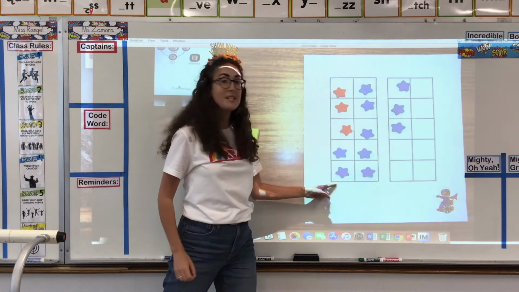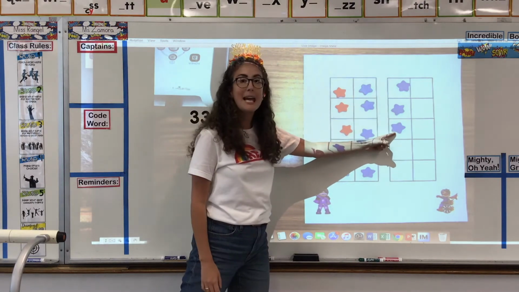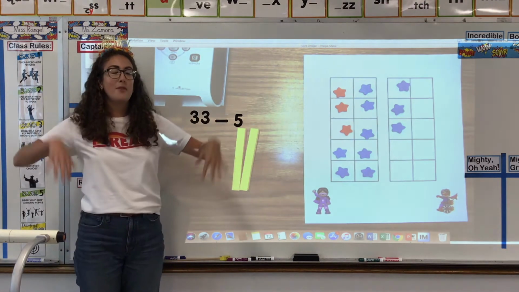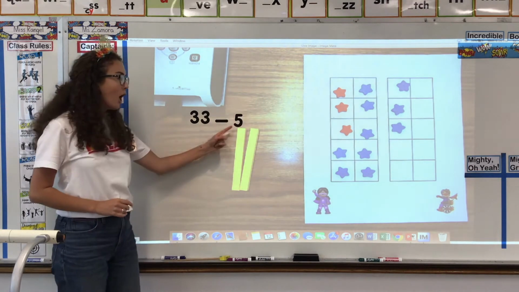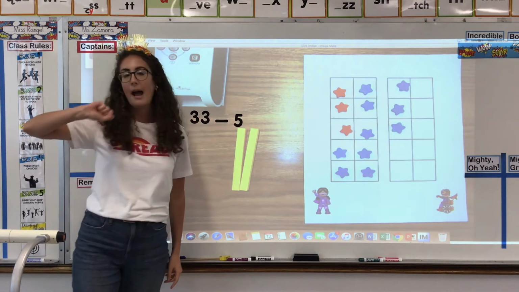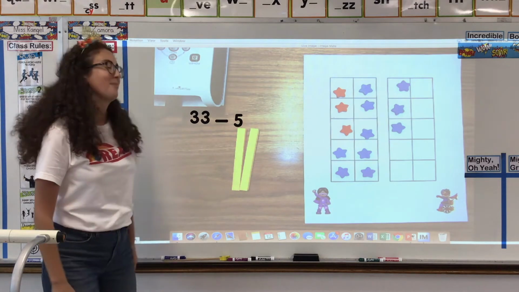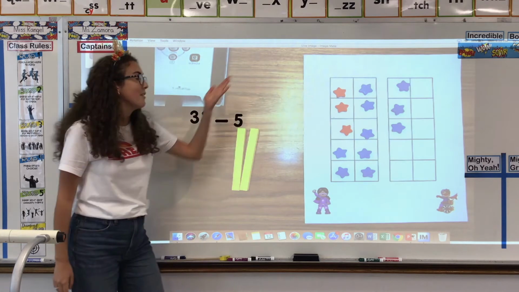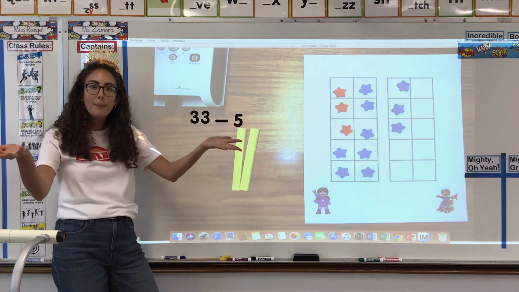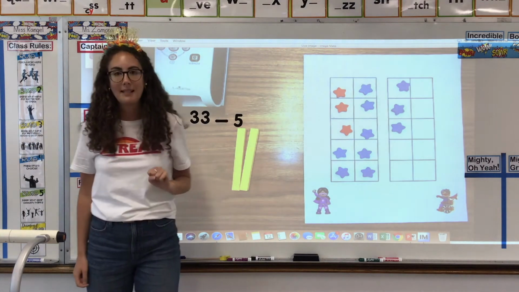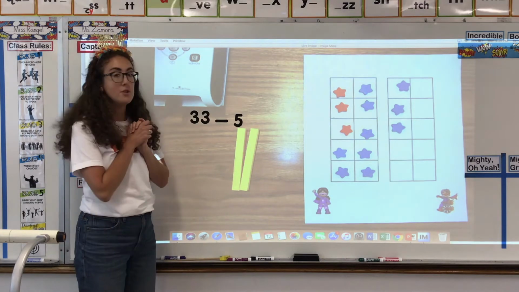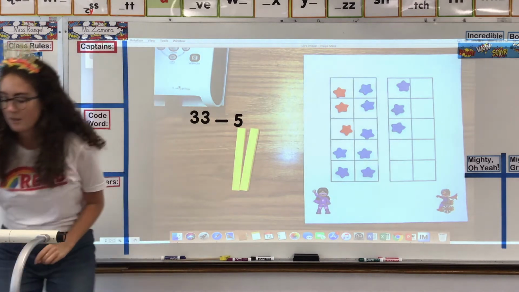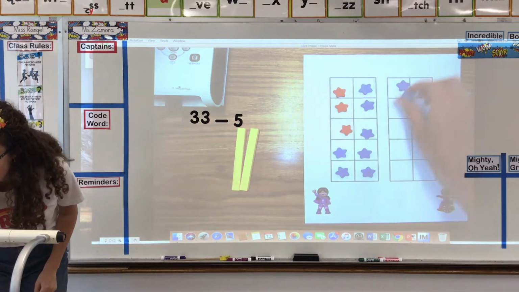We have a whole 10, and we have 3 extra. 13 ones. If we have 13 ones, are we able to now take away 5? Yes, we are. Because 13 is greater than 5, it's a bigger number, so we can just take away a little bit. Can you take away 5 ones?